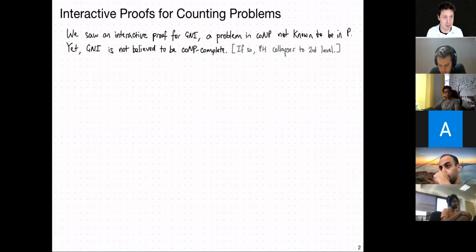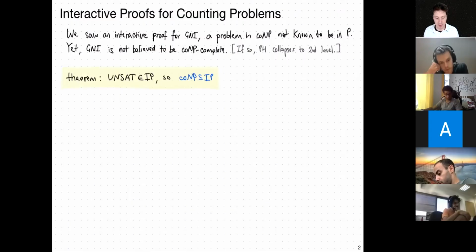This is a standard result in complexity theory from the 80s. In some sense, the idea of scrambling the graph from last time just gave us an interesting interactive proof, but didn't really get us much beyond some trivial examples. We would like to understand how much further we can go. Can we decide much more expressive or powerful problems using interactive proofs?